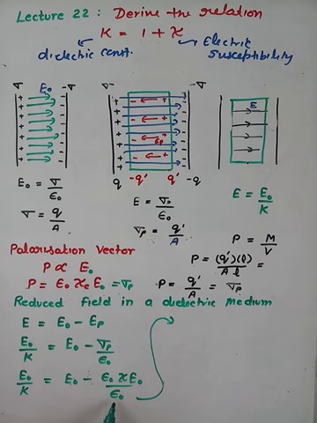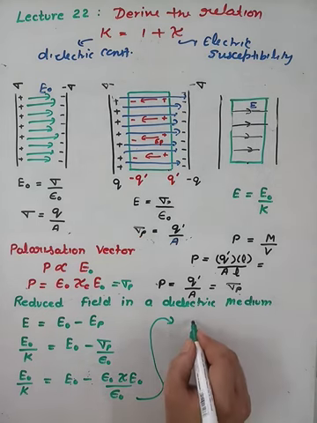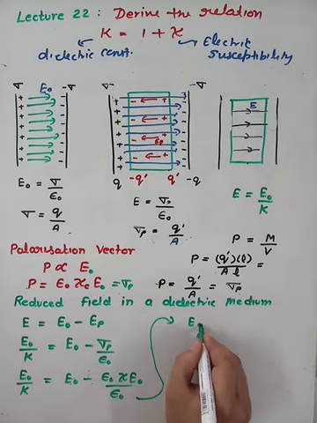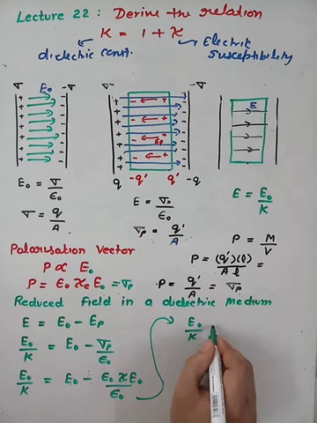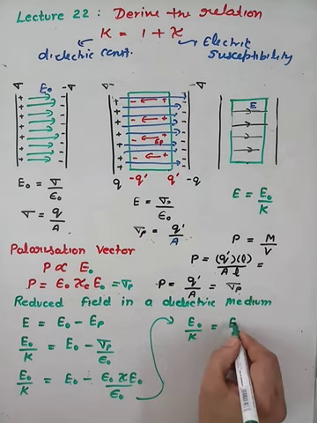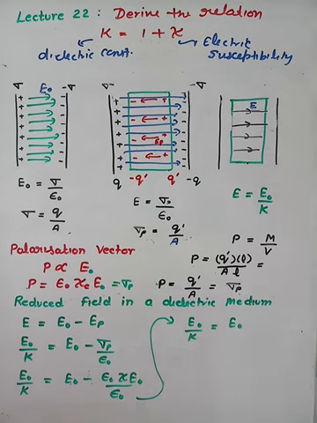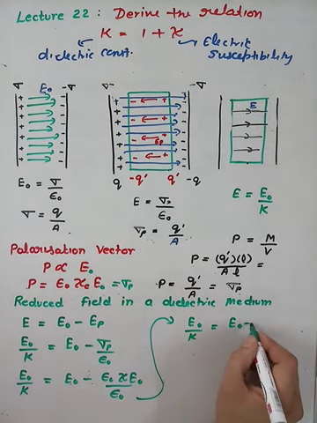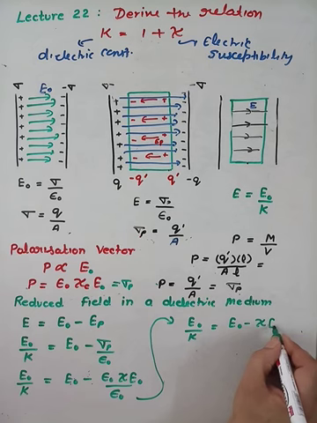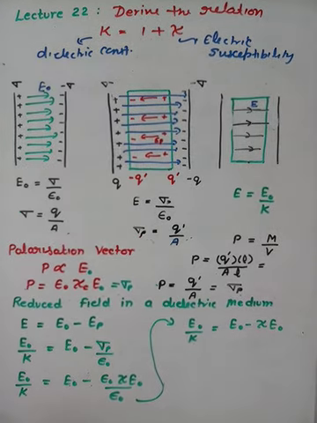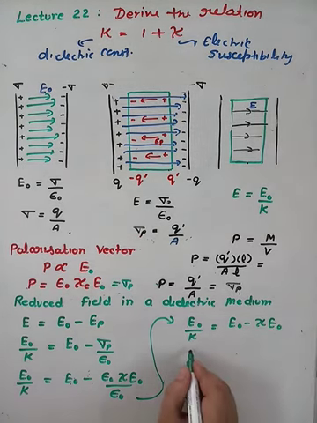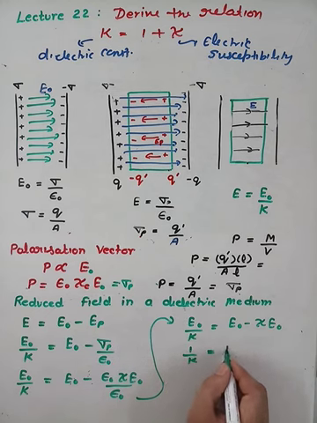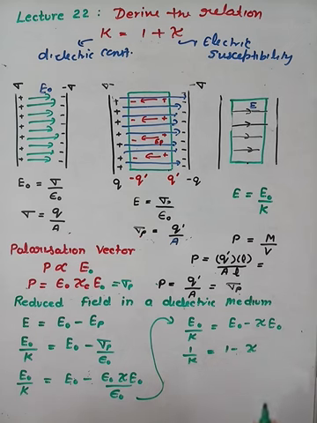Now epsilon naught cancels out, and we get E naught by K is equal to E naught minus susceptibility into E naught. Again E naught cancels out, and we get 1 by K is equal to 1 minus susceptibility.